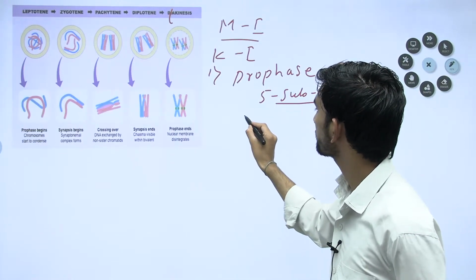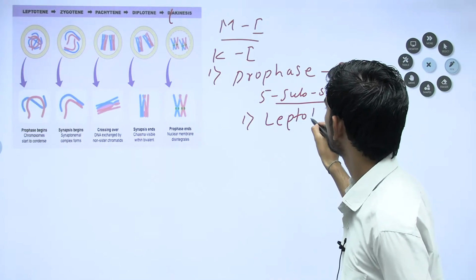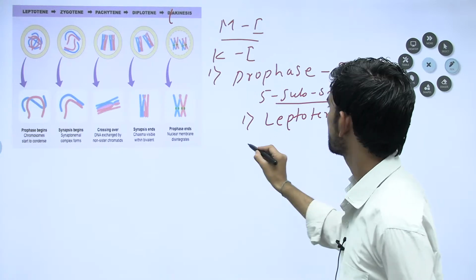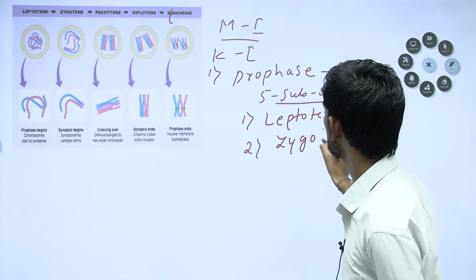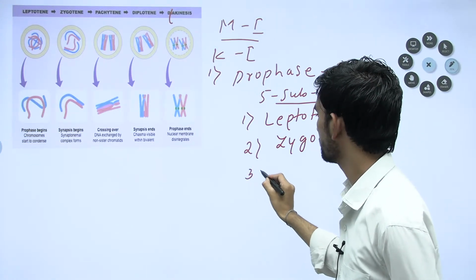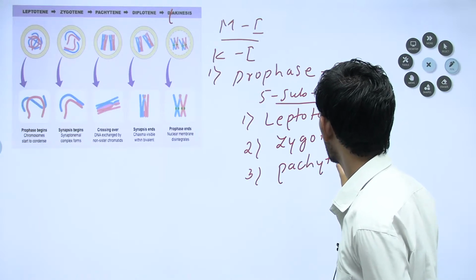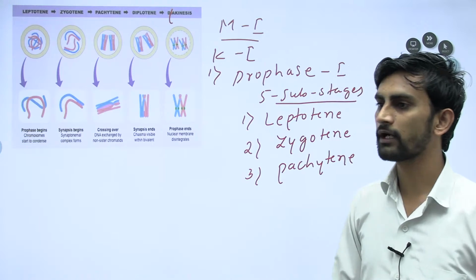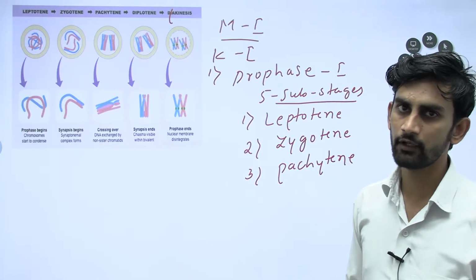What are those? First one is called leptotene. Second one, zygotene. Third one, pachytene. Underline these, they are very important, because they may ask a 2 mark question: what are the different sub-stages you will find in prophase 1 of meiosis?